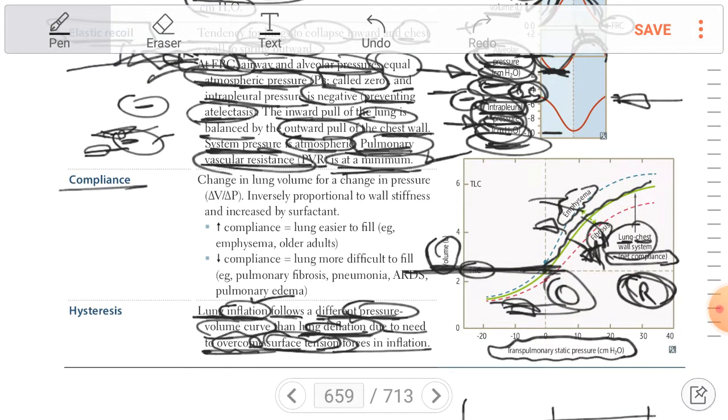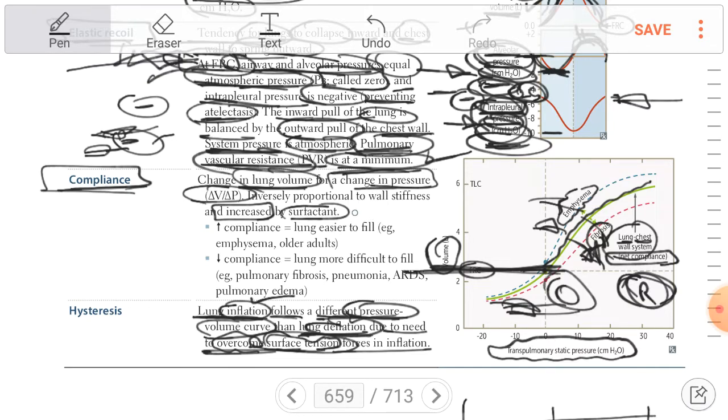Then compliance. It means the tendency of the chest wall to expand: the change in lung volume for a change in pressure, so change in volume divided by change in pressure. It is increased by surfactant. Why? Because surfactant acts against the surface tension.